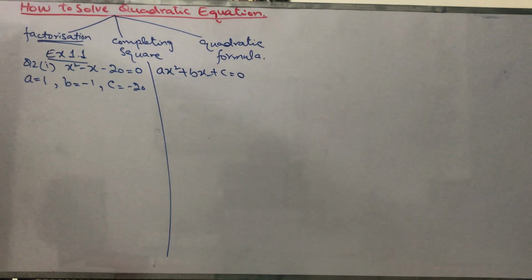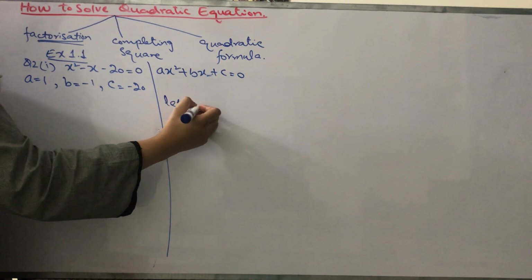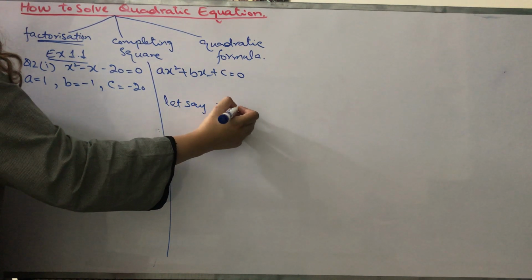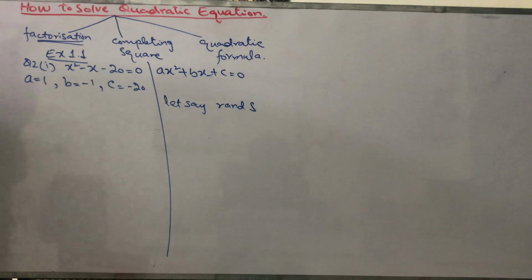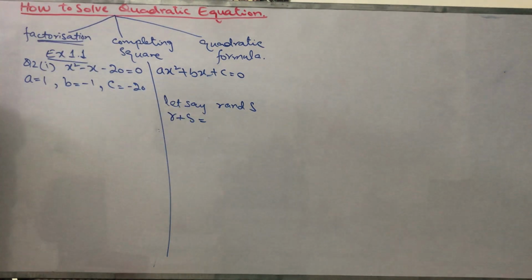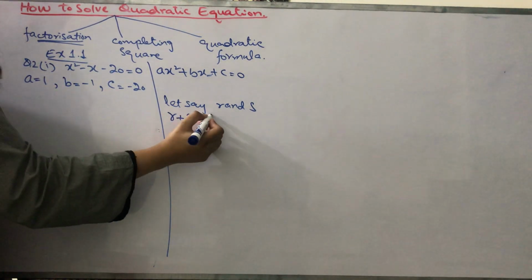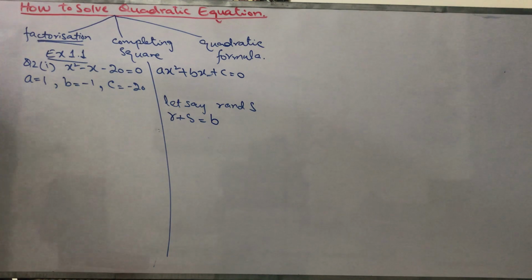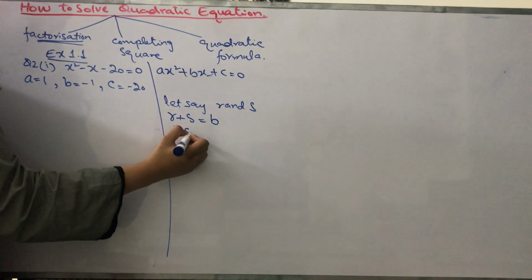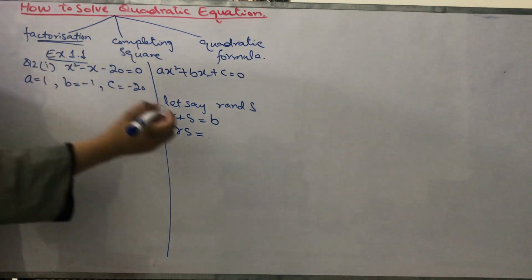Now the second step is you have to think of two numbers, let's say r and s. When you add those numbers, r plus s, your answer should be equal to b. And when you multiply those numbers, your answer should be equal to a into c.